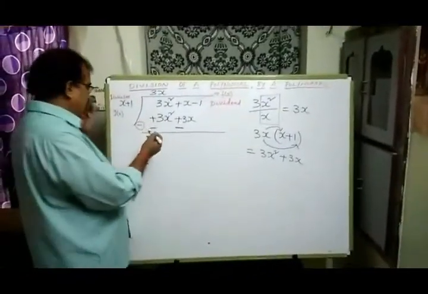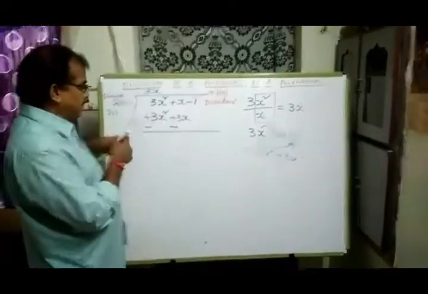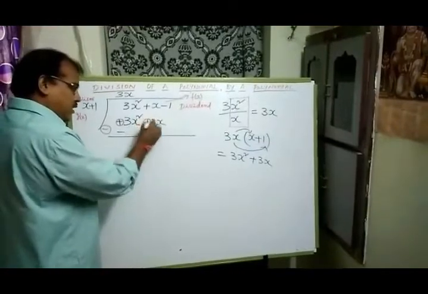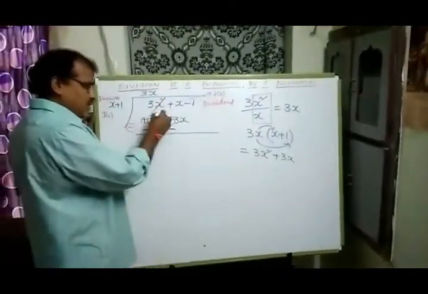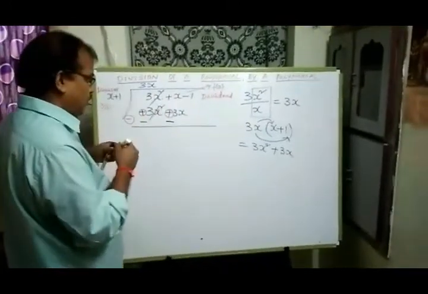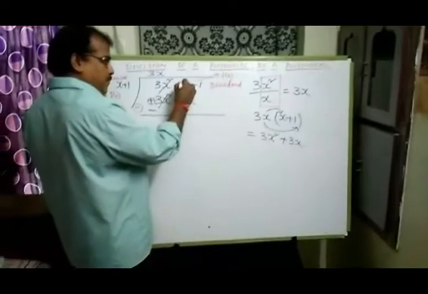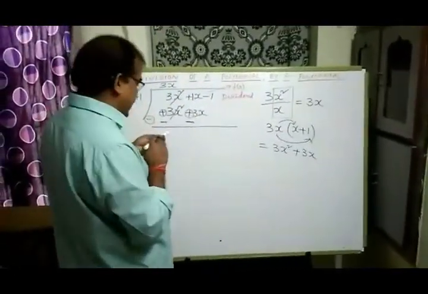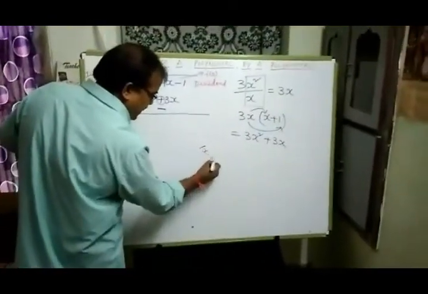Now, I subtract. Forget about these signs. 3x square minus 3x square is 0. Then the numerical coefficient of x is 1, so plus 1x minus 3x.